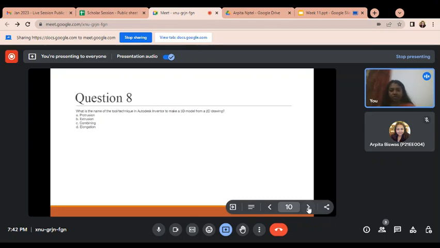So the question is, what is the name of the tool or technique in Autodesk Inventor to make a 3D model from a 2D drawing? The first option is protrusion, the second option is extrusion, option C is combining, and the last option is elongation.